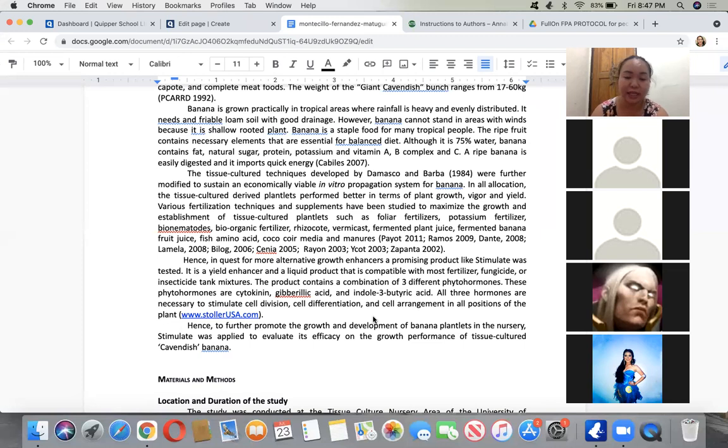Because it does not come from seedlings or seeds but from tissue culture. That's why plantlets. So it contains what? It has different phytohormones: cytokinin, gibberellic acid, and indole-3-acetic acid, which are very important for cell divisions, etc. And the source.